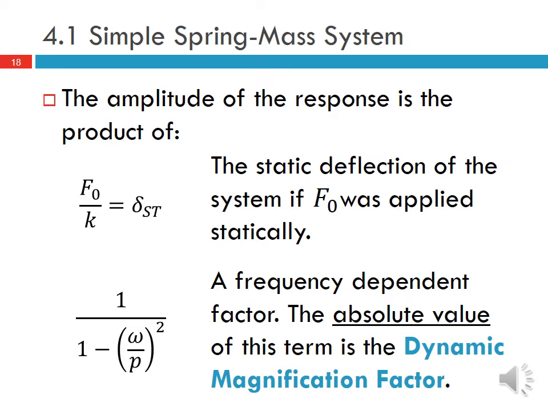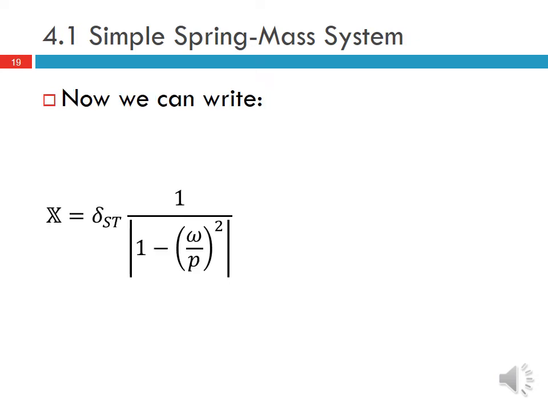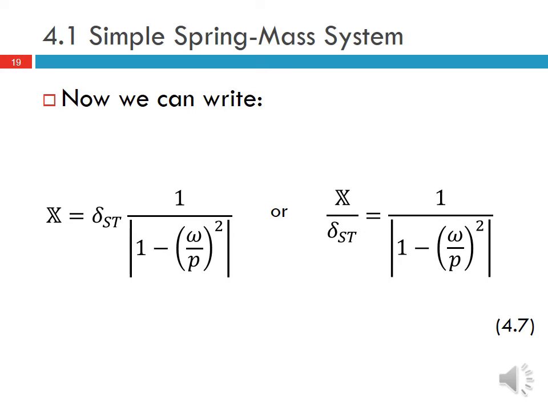The absolute value of this term is called the dynamic magnification factor. This dictates how much the amplitude of the response changes compared to the static case by applying the force dynamically at some frequency omega instead of statically. So the amplitude X is equal to delta static times 1 over the absolute value of 1 minus omega over p squared, which we can also write like this.